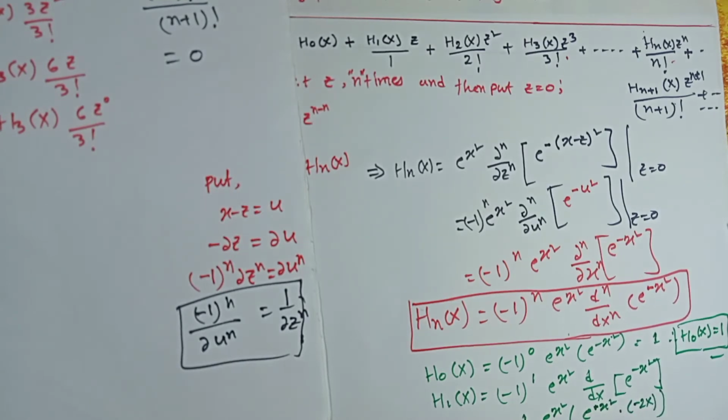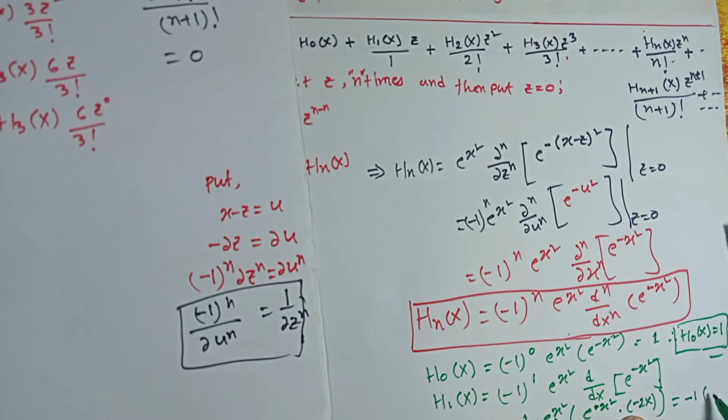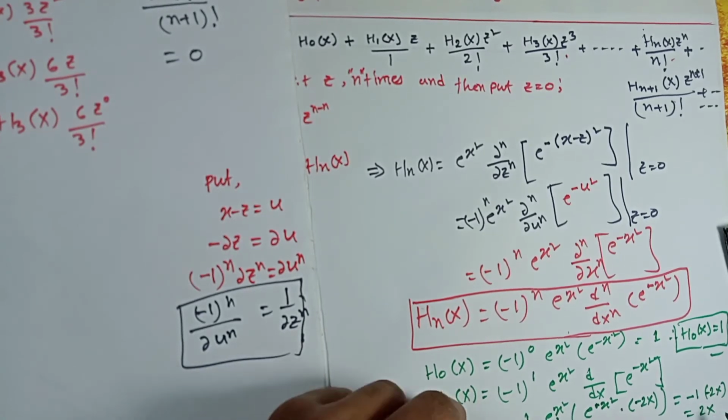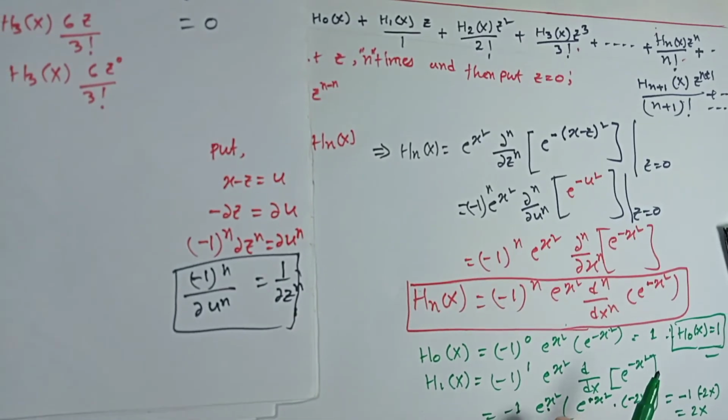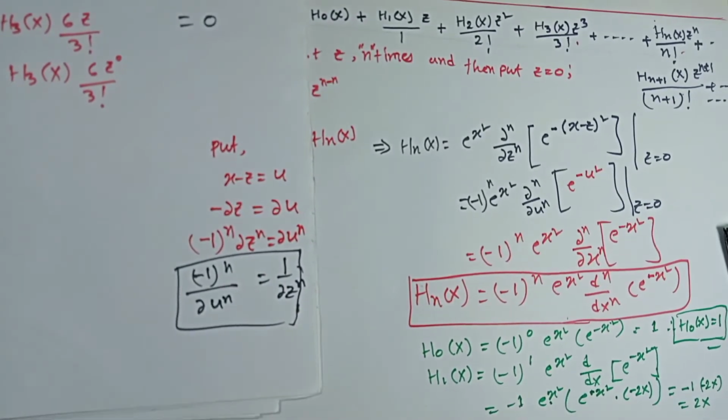Okay, then we get this is 1 plus 1 e to the power x squared into e to the power minus x squared, and then minus 1 into twice x, that is minus, that is nothing but twice x. This is our H1 of x. Okay, so H1 of x equals twice x.